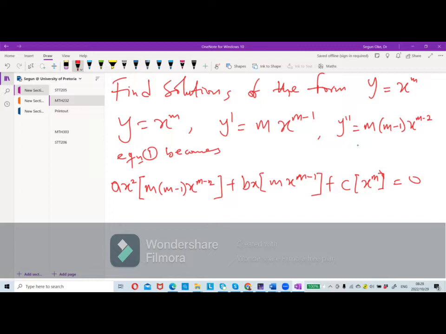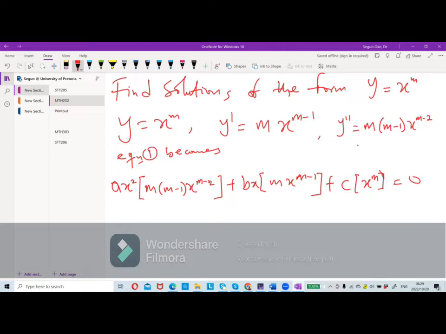The next thing we need to do is find something common to them. What is common? Somebody should tell me. Who can tell me? Okay, let me do it one by one.